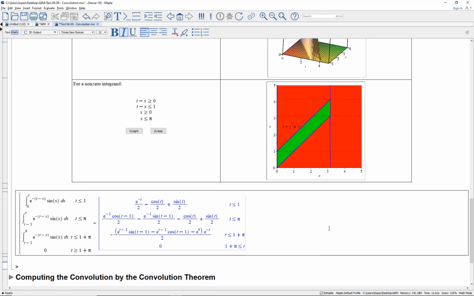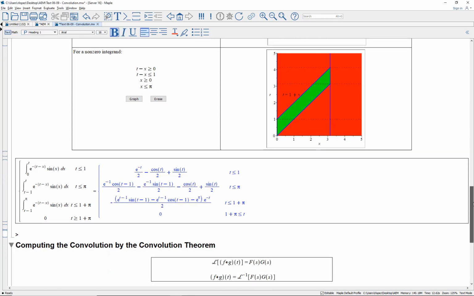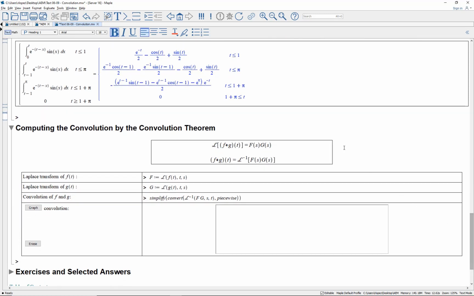That's the convolution. Well, it's difficult to analyze, messy to evaluate. There's got to be a better way to evaluate convolution integrals. And I think the use of the convolution theorem will do it.